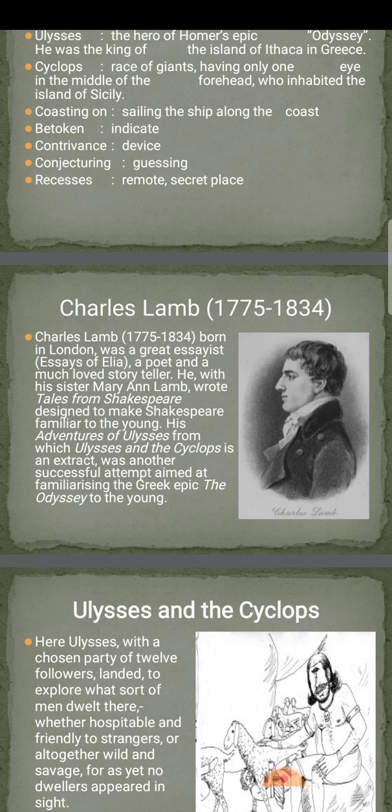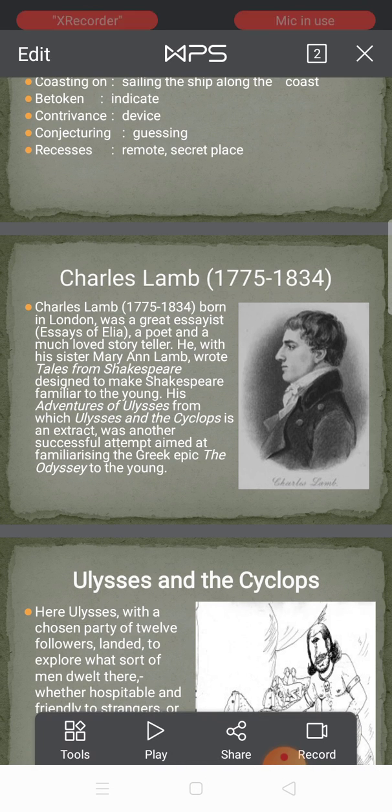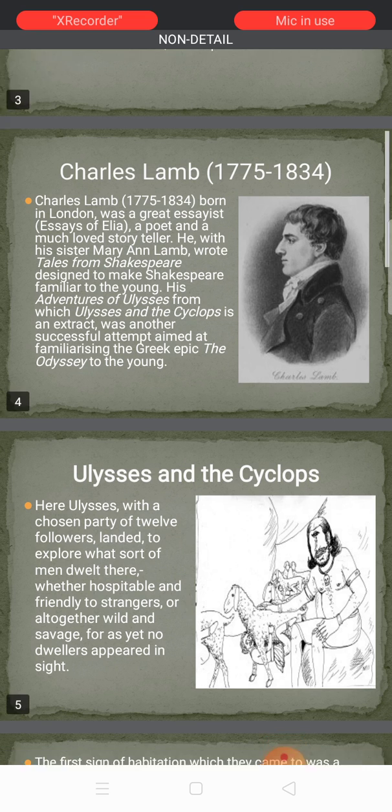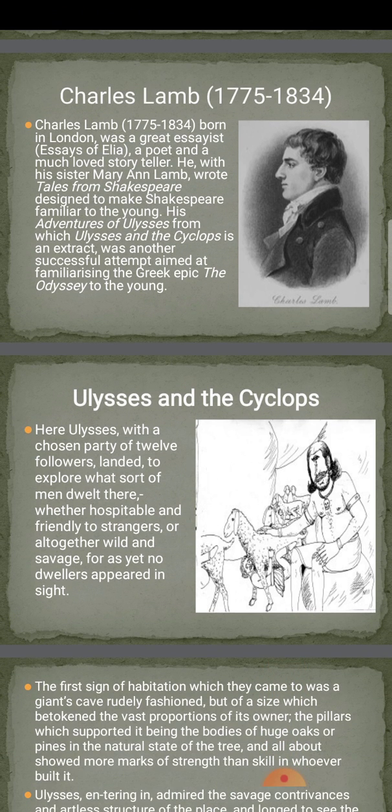His Adventures of Ulysses, from which Ulysses and the Cyclops is an extract, was another successful attempt aimed at familiarizing the Greek epic, the Odyssey, to the young. The Odyssey is written in classic English, and to the young means all people can understand. All people, generation after generation, they are all young. Is it not? They are all called youngsters.